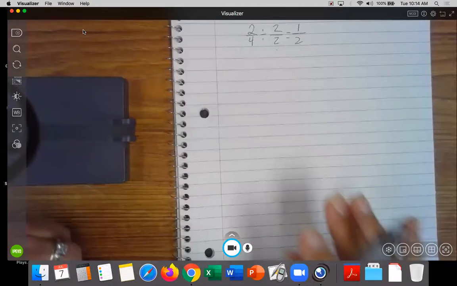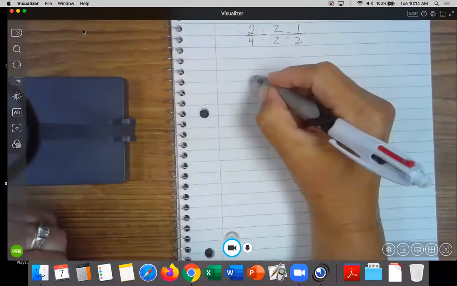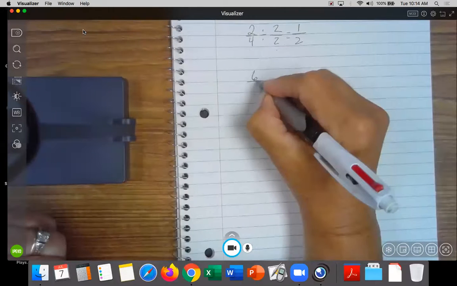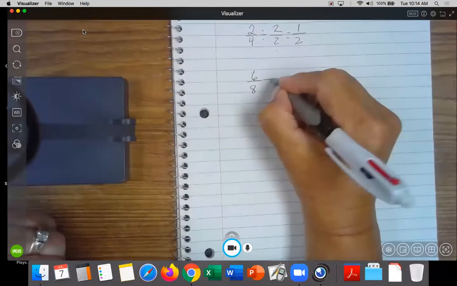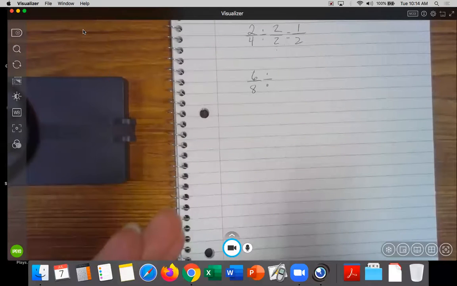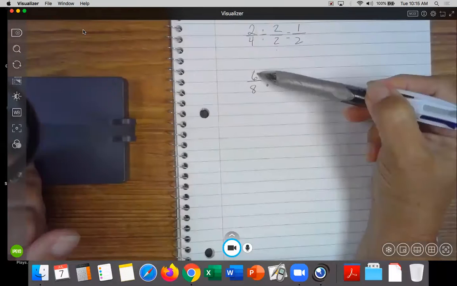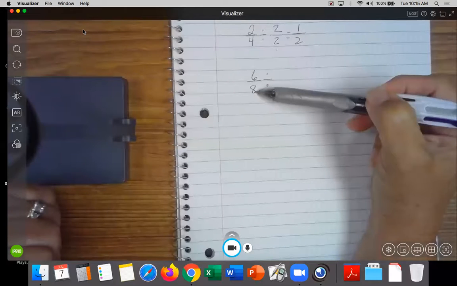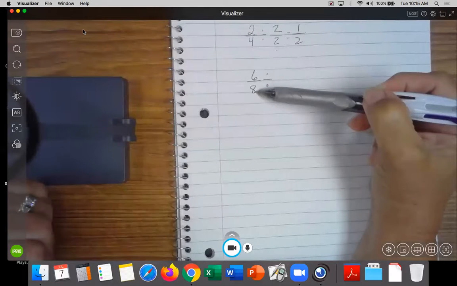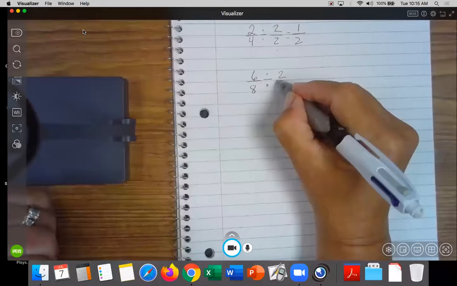Let's think of a little bit harder one. Let's do 6/8, and I need to reduce it or simplify it. I don't know which one your teacher called it, but they mean the exact same thing. I need to think, 6 is even and 8 is even. So I know both of those numbers are divisible by 2.